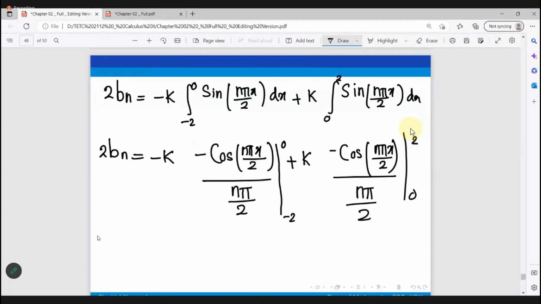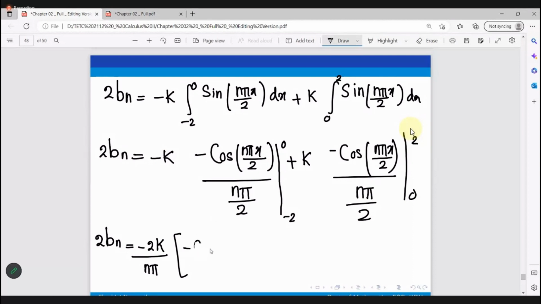So we can write this as 2 times Bn is equals to minus k over, so let's bring this constant part out. So minus 2k over n phi times, we need to substitute x by 0 and minus 2.